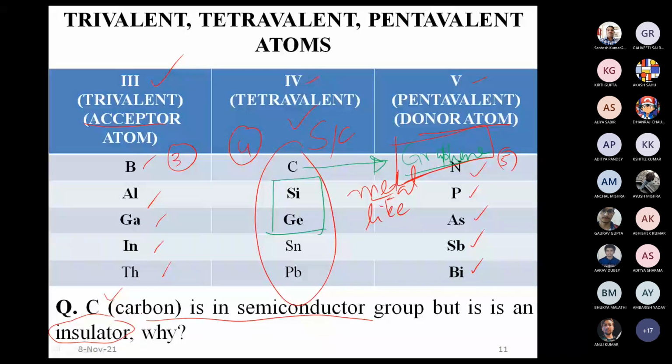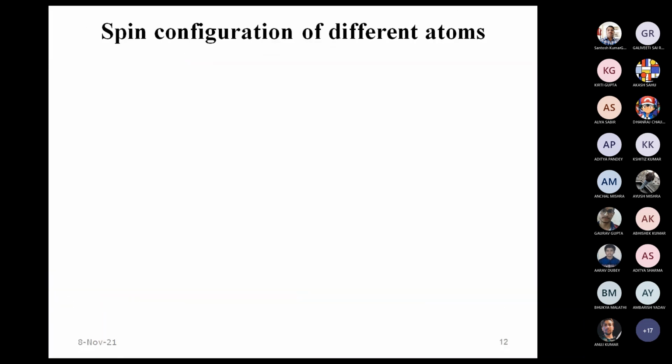But here carbon is in the semiconductor group, yet it is an insulator. Why? This is a question here, and it may be answered like this: it has 4 electrons in its outermost orbit.